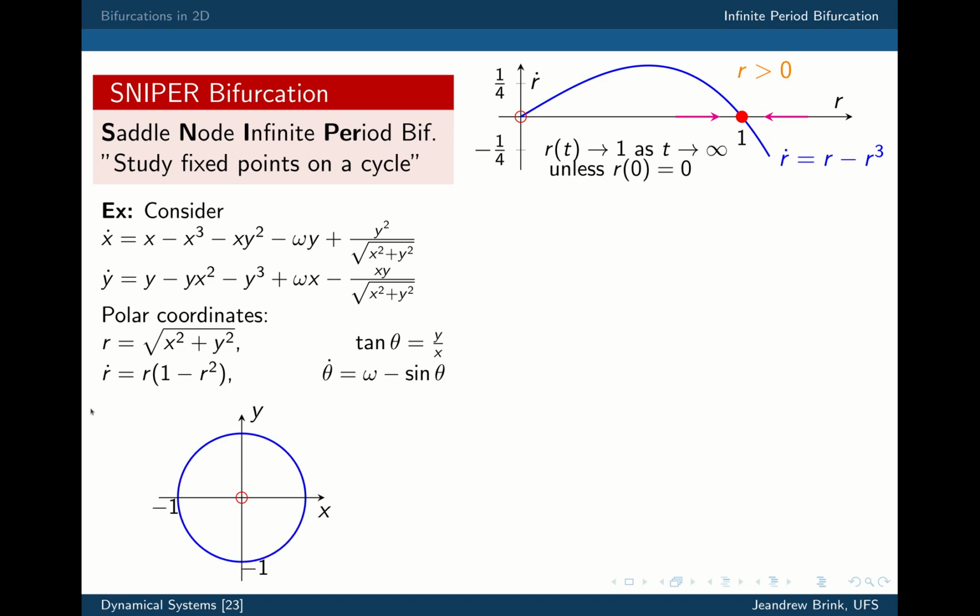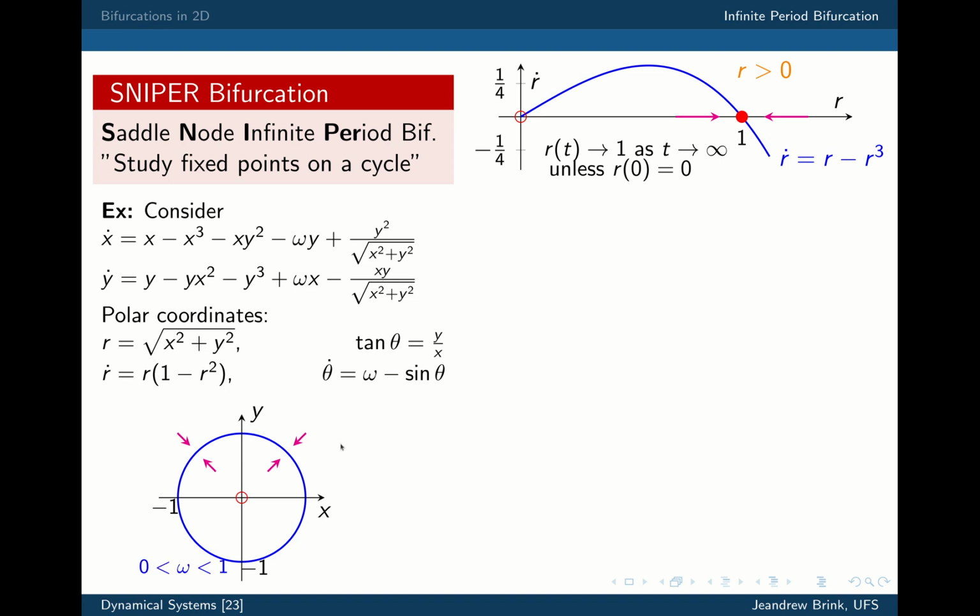So here we have what we call an invariant curve, a curve that all the trajectories approach. It need not necessarily be a limit cycle, but it's simply a statement that as time approaches infinity, r approaches 1. And we can see over here that basically means that the vector field points towards the limit cycle at various positions.